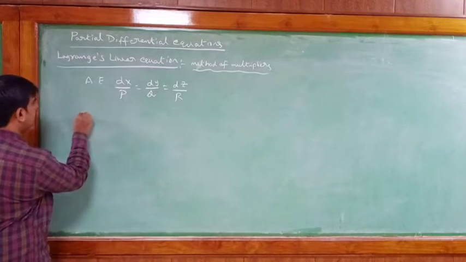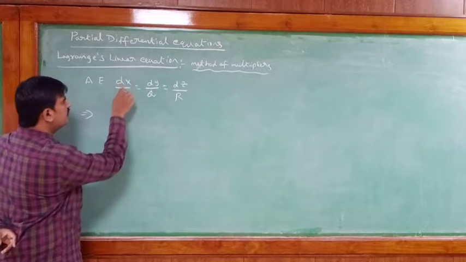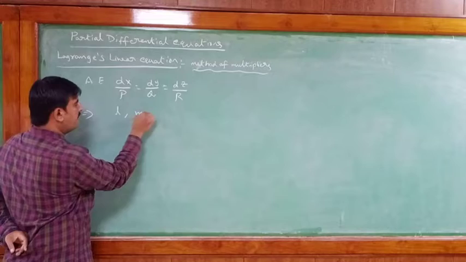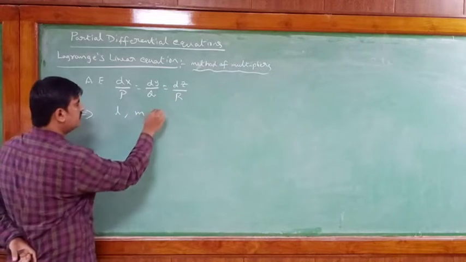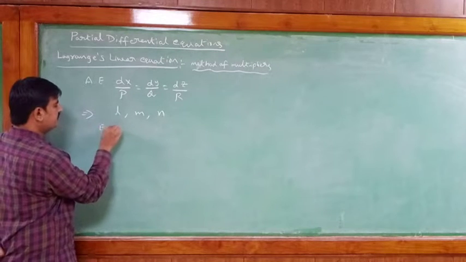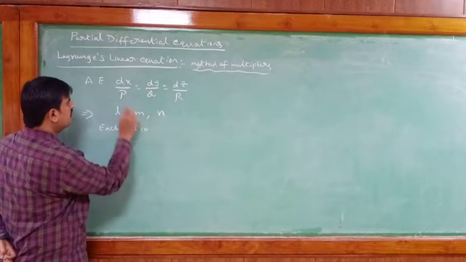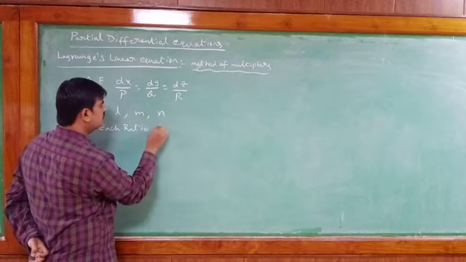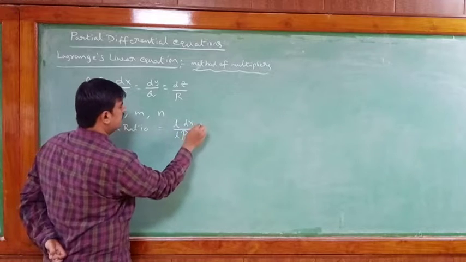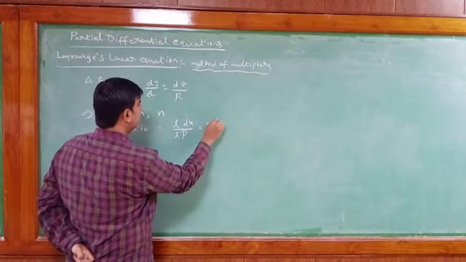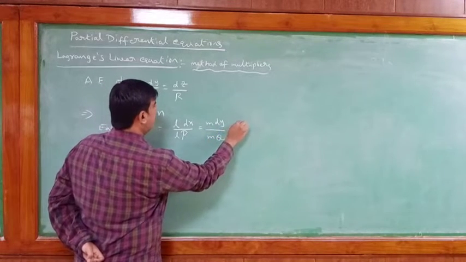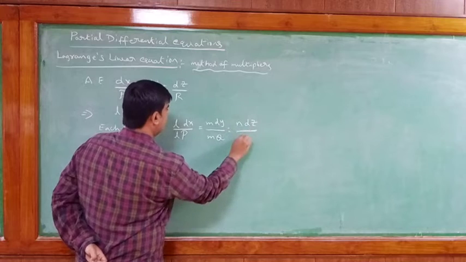That means I am multiplying numerator and denominator with L here, with M here, and with N here. So each ratio is equal to L dx by LP, equal to M dy by MQ, equal to N dz by NR.